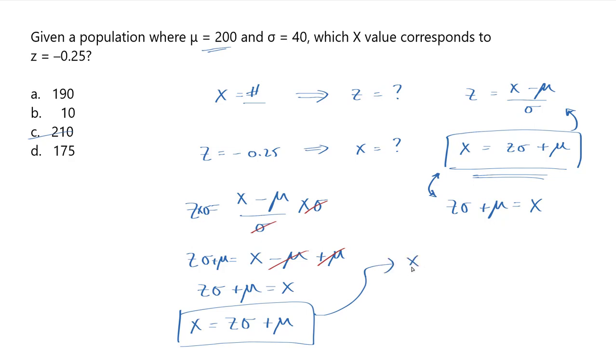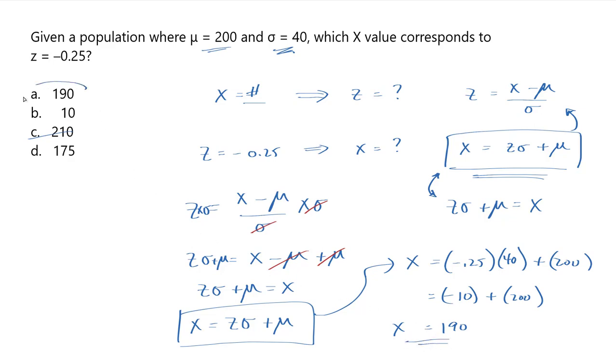I can say that x equals z, which is negative 0.25, times sigma, which is over here, 40, and then plus the mean, that's plus 200. So this is negative a quarter of 40. That is negative 10. If you do that in your calculator, plus 200, this is going to give me that x equals 190. And so my answer is A.